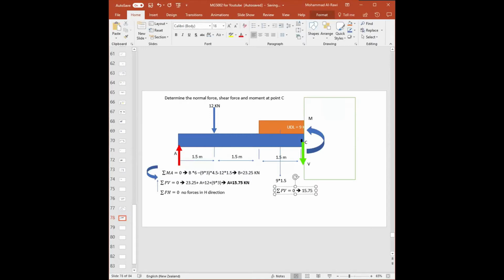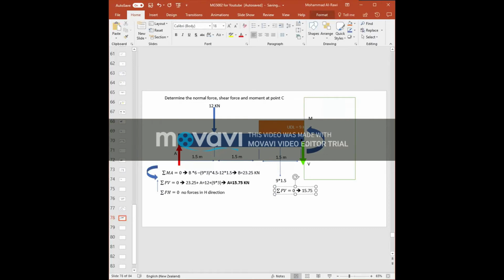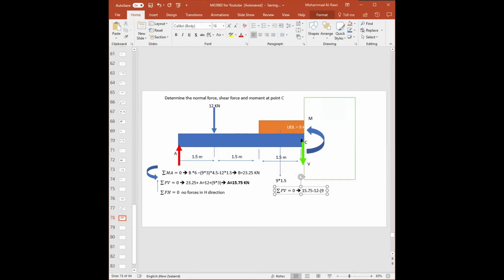I'm just highlighting it. Is it going upwards? Yes, therefore it's positive. Minus what? I have the 12 kilonewtons going downwards. That's why I put minus. Minus what again? I have the UDL, which is 9 times 1.5. And why is it negative? Because the arrow is going downwards.